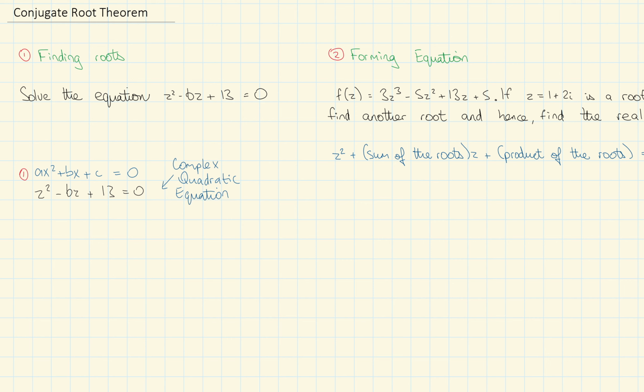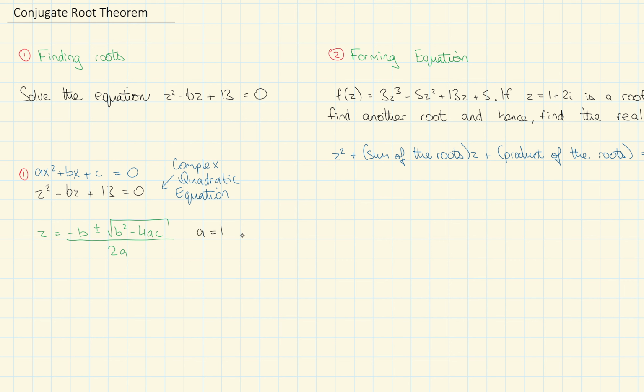So that tells me that I can use the minus b formula to solve it. Factors of 13 are 1 and 13, so we can't use the guide method. And instead of solving for x, we're just going to solve for z. So it's minus b plus or minus the square root of b squared minus 4ac all over 2a.